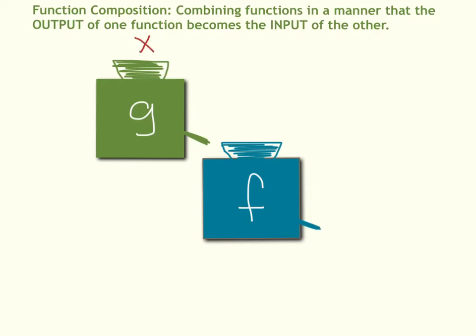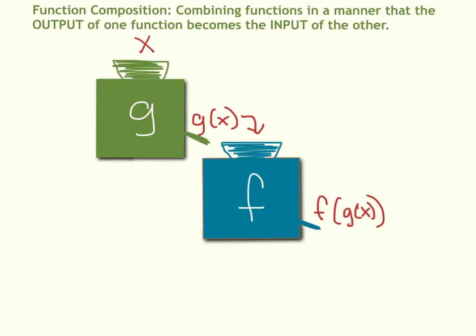These are function machines, okay? We're going to run it through the g function, and its output would become g of x. Now, as you can see, this output is falling into the f function. So g of x falls into the f function, and what comes out is f of g of x.